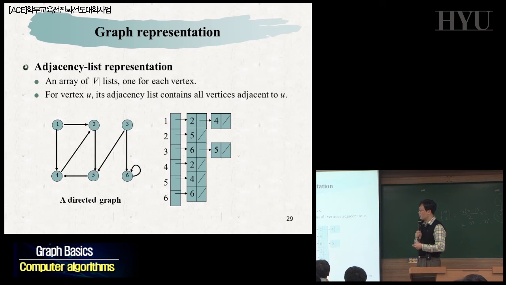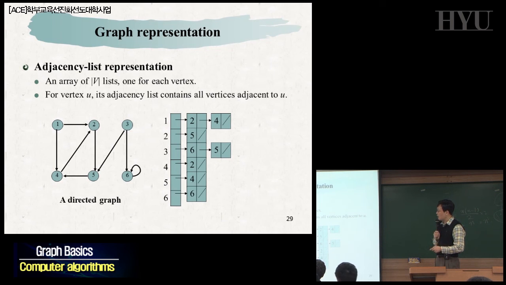There are 6 vertices, so we create 6 lists, and each list is an adjacency list of a vertex. From vertex 1, there are 2 outgoing edges, to vertex 2 and vertex 4. So this list includes vertex 2 and 4.